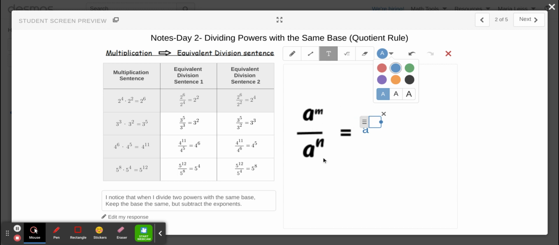All right, so what happens to the exponents now? Base stays the same. Subtract the exponents. Well, they're letters. I don't know what that would do, so I'm just going to put m minus n. I want to move it over just a teeny tiny bit. But there's how that rule looks algebraically.